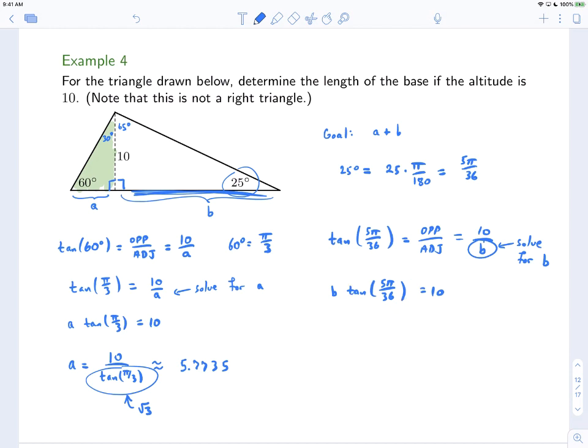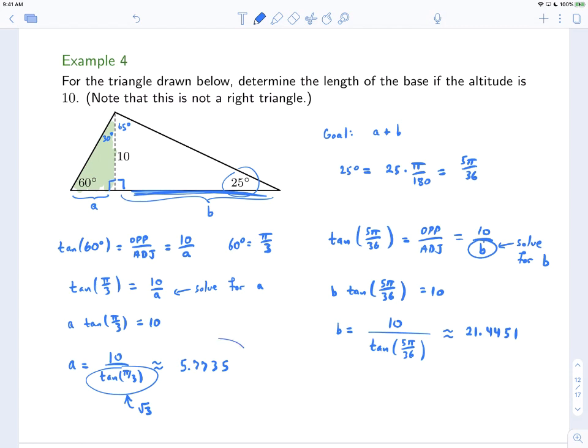If we do that, we get that b is equal to 10 divided by tangent of 5 pi over 36. Now this one I can't do in my head, but I can use a calculator or a computer, and I find that this is approximately 21.4451.